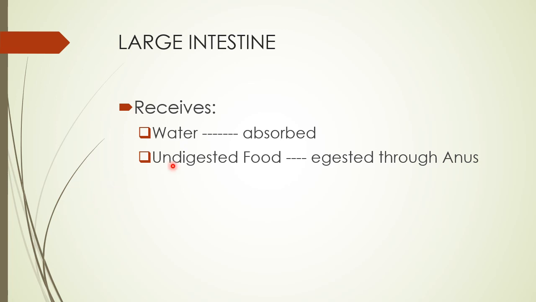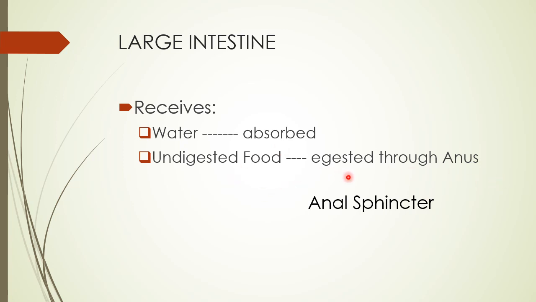Now first, from this mixture it will absorb water, and second, it removes undigested food which is egested through the anus. So waste material is discarded and water from this mixture is absorbed in the large intestine.